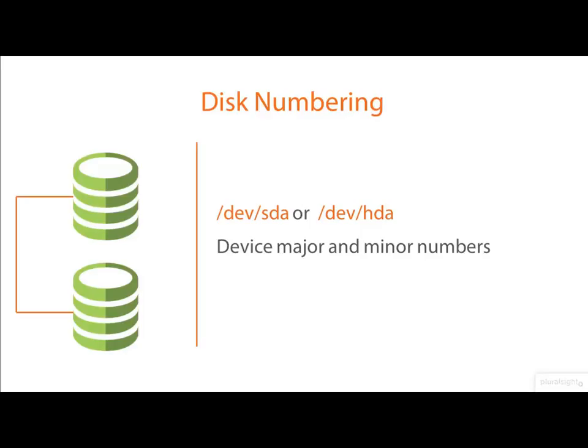Depending on whether we're using the older syntax for our IDE drives where we've got hd, or the newer syntax where we're using sd, really determines the number of partitions that we can have, because we've got a limited set of numbers that we can use within our namespace.